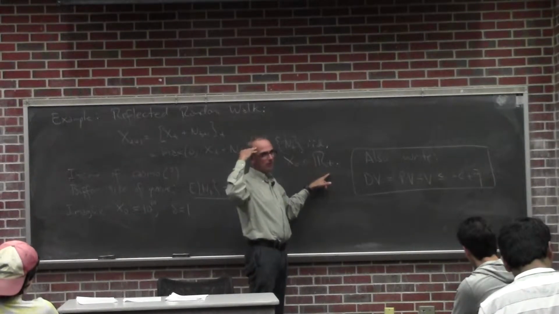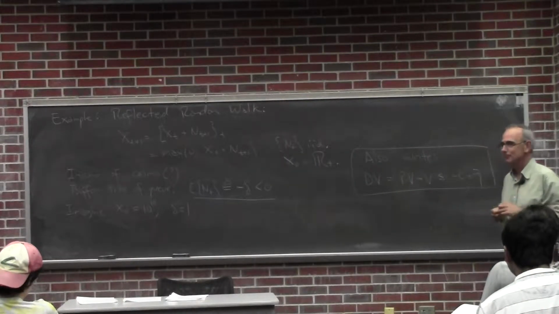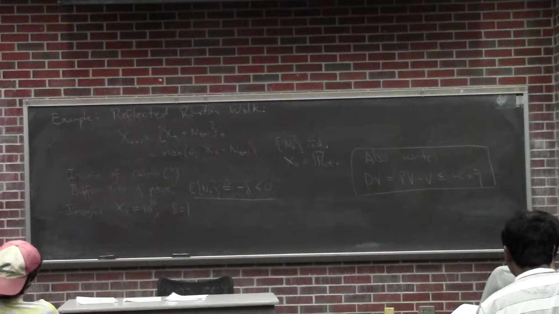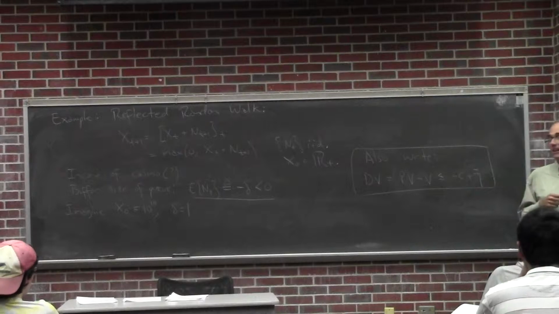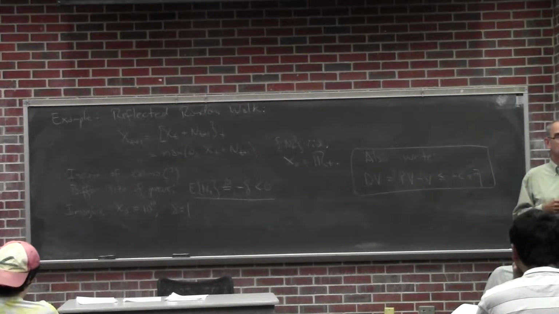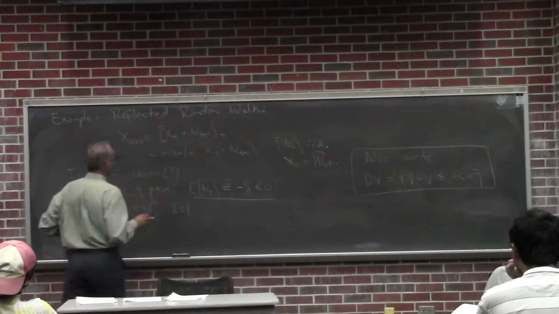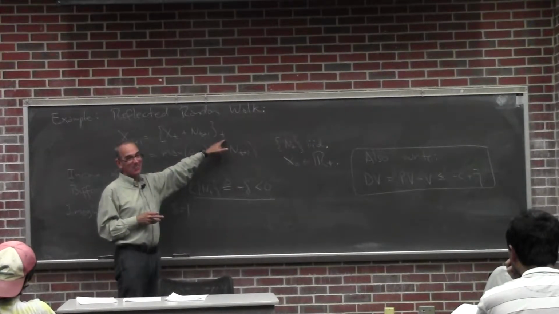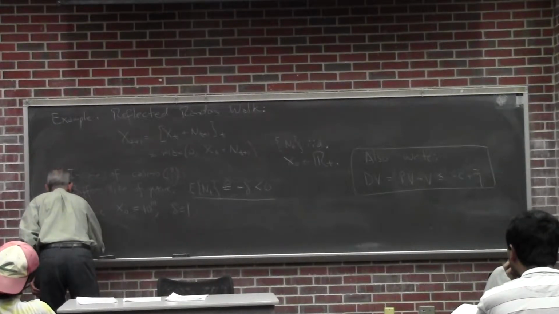This is just to think about it. What would happen after 10,000 time steps? Well, 10,000 is not very large if you start off at 10 to the 10th. So let's wait 10,000 seconds. What happens? It's not very likely that the plus is going to kick in. So basically, it's unreflected.